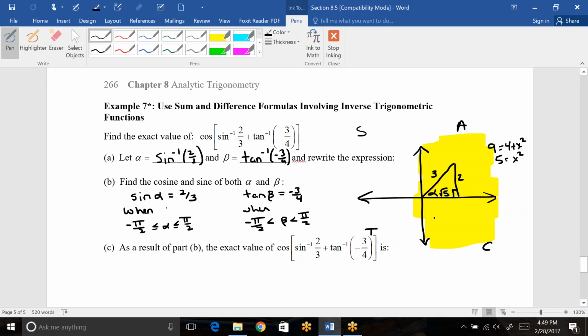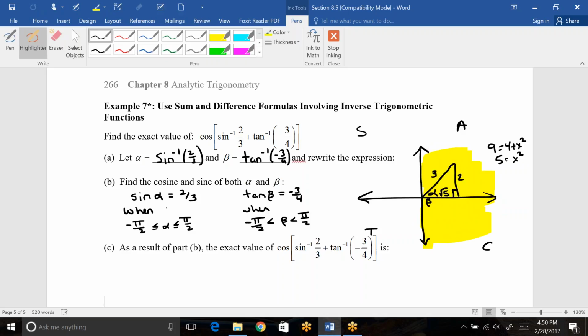Cosine is the only positive one down here, so it has to be down in this quadrant. We don't know that these triangles are the same size, so I'm drawing them a little off scale. In fact, I should have drawn it a little longer than the other one because it's a 3 for the opposite, but it doesn't matter. Drawing to scale doesn't always matter as long as you can find your pieces.